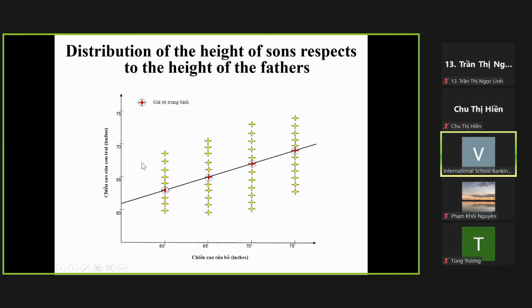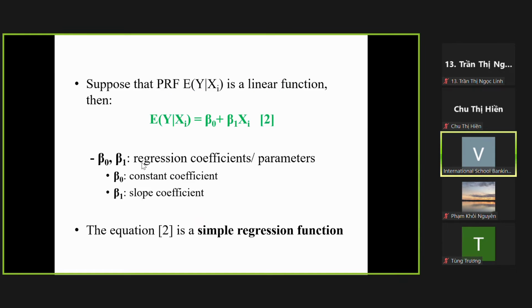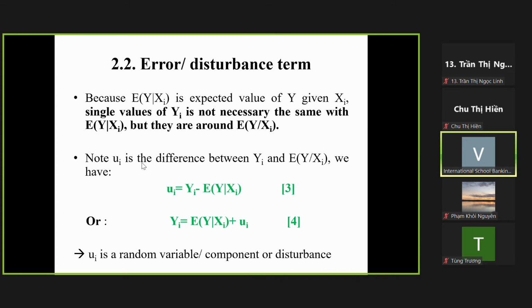So they define U here as the difference between the real value of observation i and the expected value. So that's why we can write the second form of the PRF like this. This is the second form of the population regression function: Y equals the expected value of Y plus U.